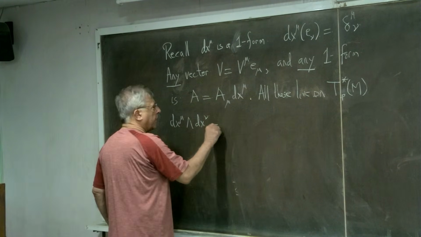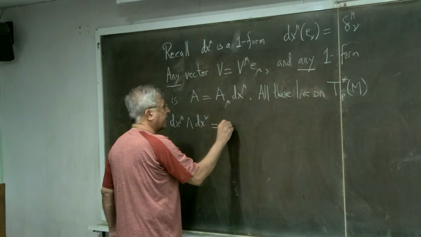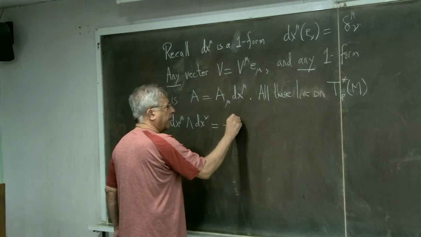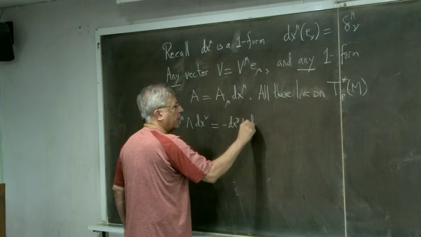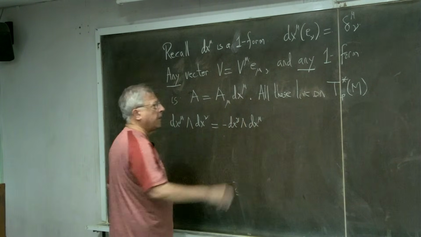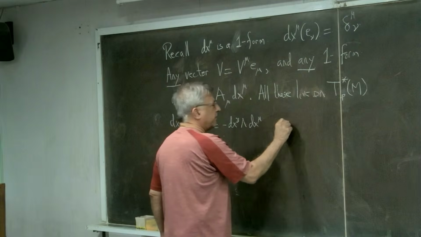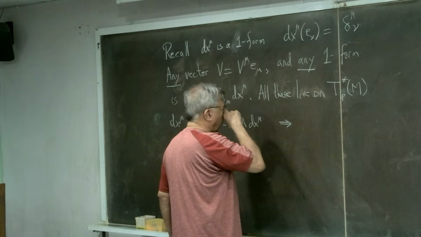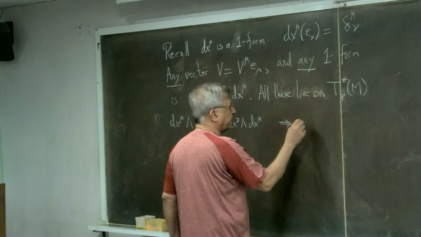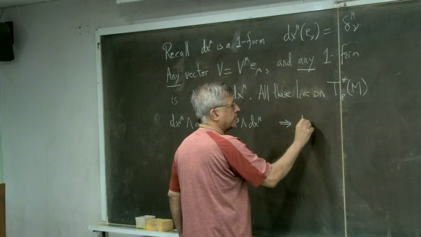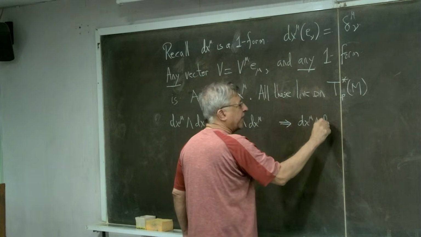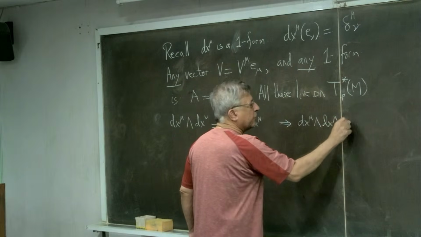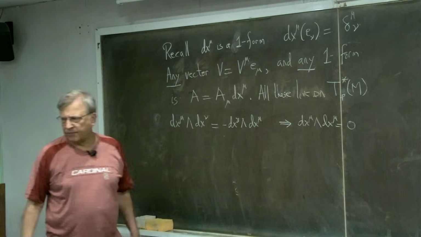Well, the most important thing is that this is antisymmetric, and that immediately says that if I have two indices which are equal, then this is equal to 0.